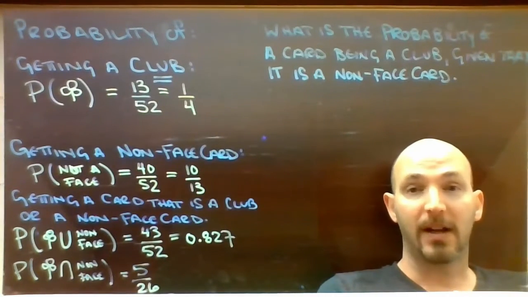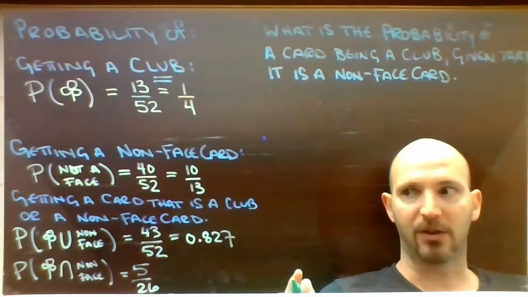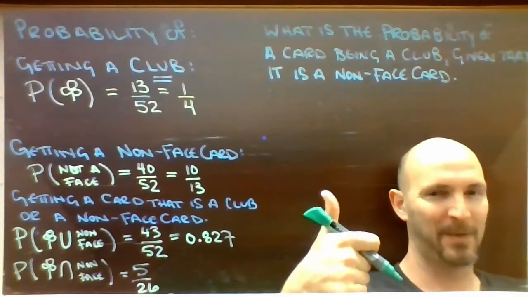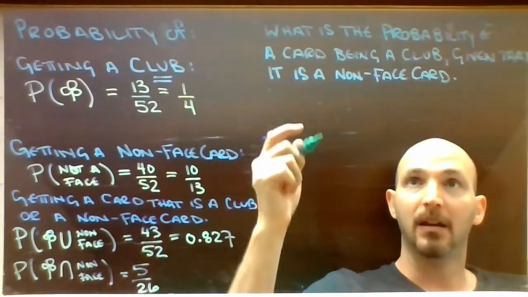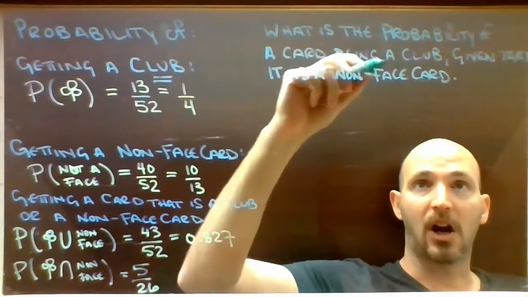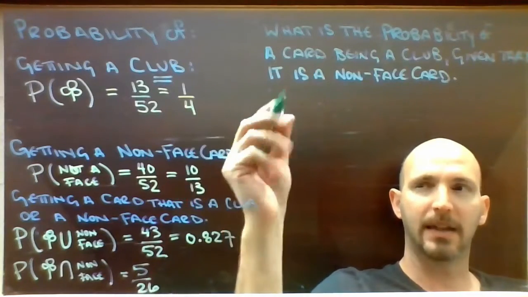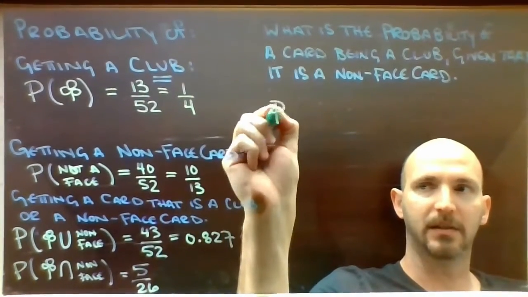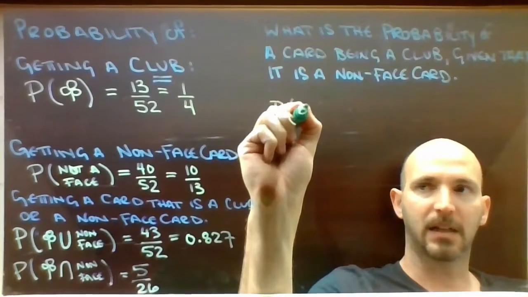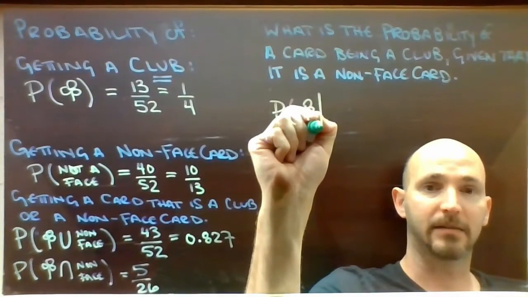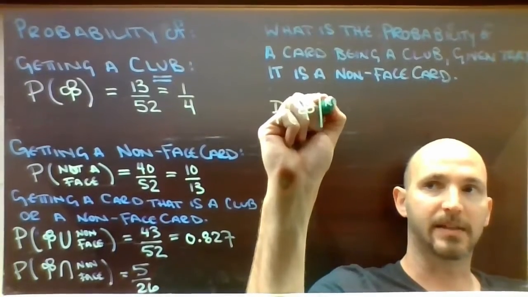That's the answer we should arrive at. So if we can try and bend this calculation and the notation to get 1 out of 4 as our answer, then we will have succeeded. So what is the probability of a card being a club given that it is a non-face card? So the way you write that is the probability of a card being a club given that it's a non-face card.